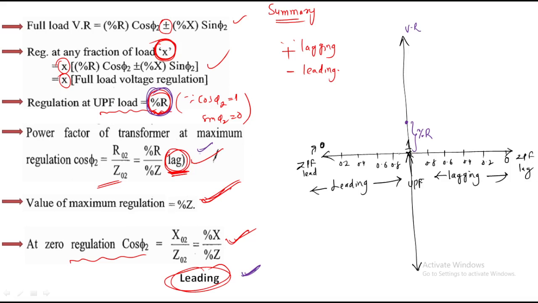So maximum voltage regulation is what? Let us take this is percentage. The value of maximum voltage regulation is nothing but percentage Z, right? This is the point. So based on this, we are going to get the graph like this.